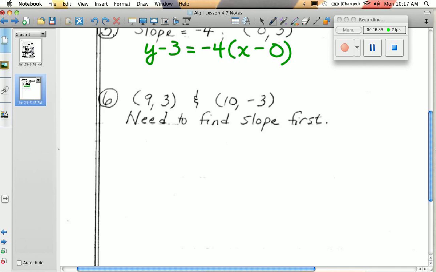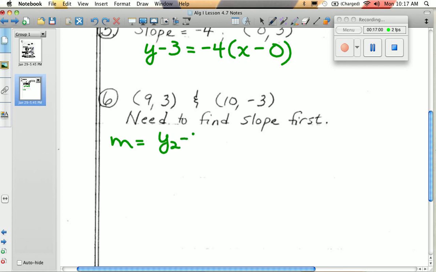Which one are we going to use? Guess what? It doesn't matter. Tomorrow, when you have problems like this, you may have one of the choice ends of the answers, and your table partner might have the other one because they used the other point. So if we know 2 points, we can write 2 different equations in point slope form for this same line. So the first thing we're going to do is find that slope.